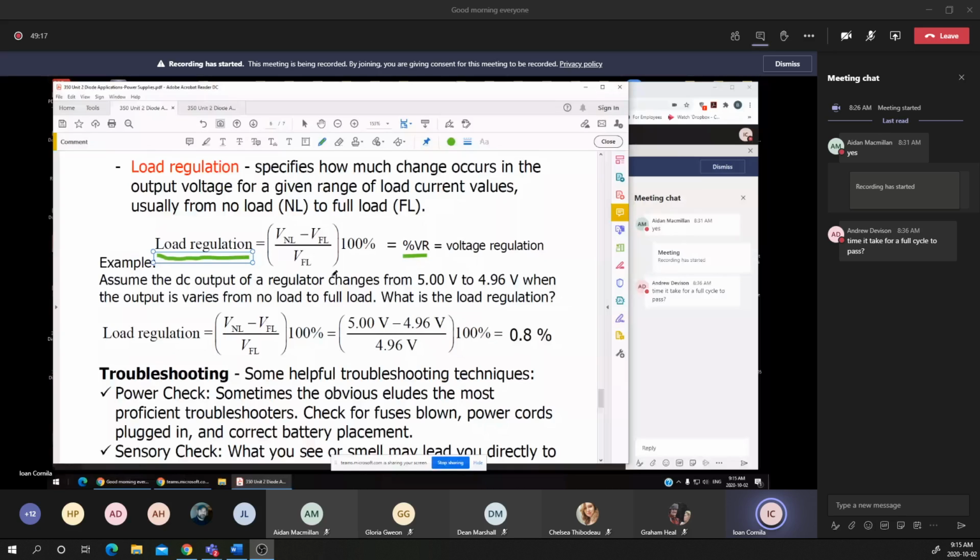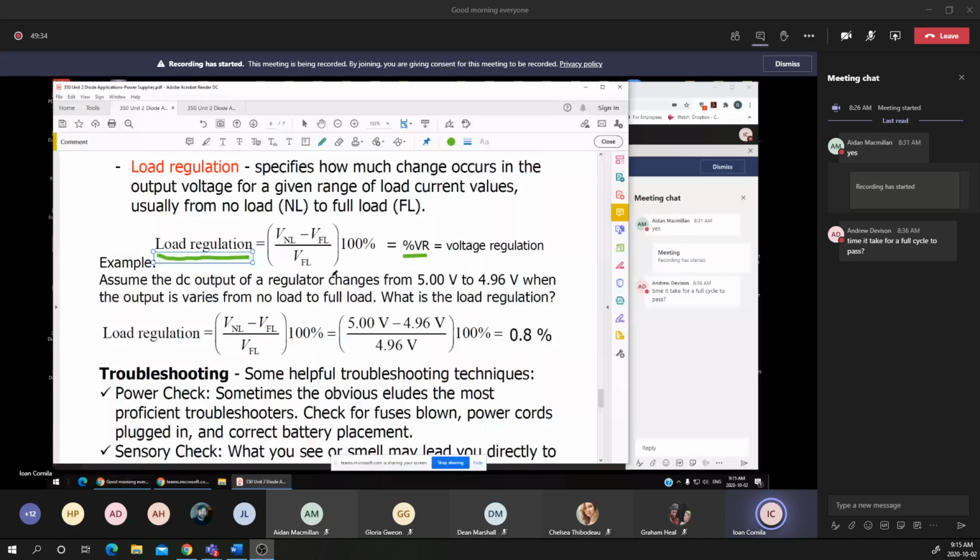This voltage regulation is more used in generators. We'll talk about the percent VR, or the percent voltage regulation.